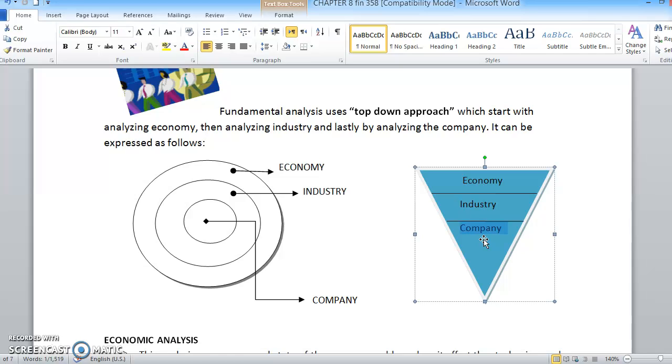Because the economy or industry will drive the company, whether the company will succeed or not, right? So it's pretty much related to each other.